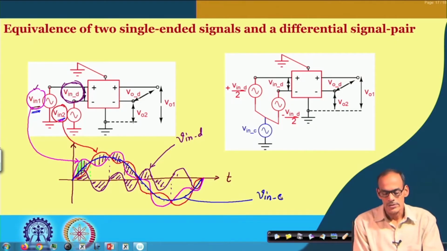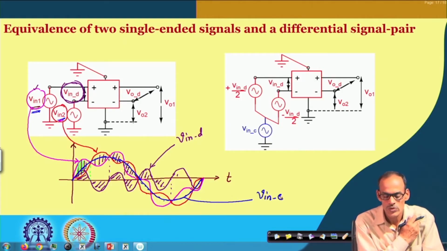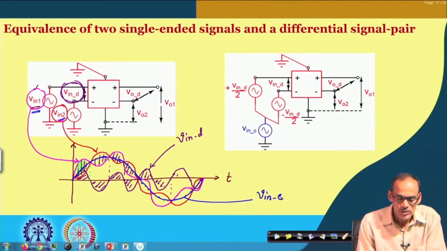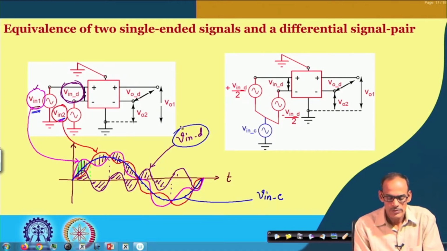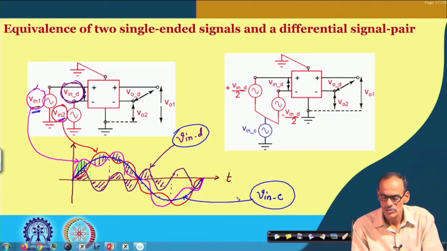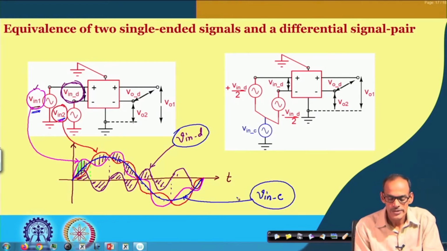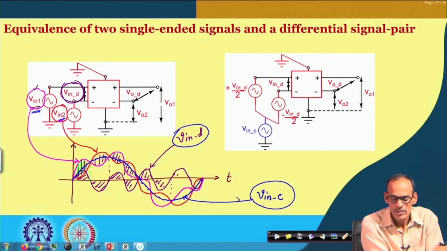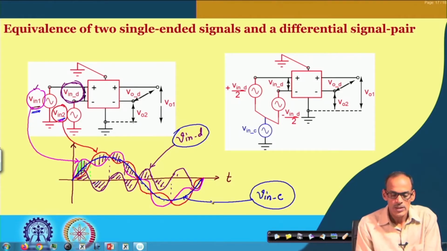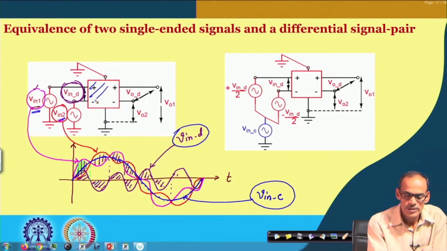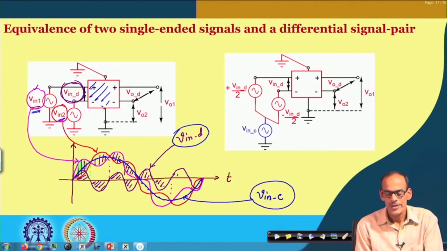In case you have a situation like this, suppose your main signal is this violet color one, but you have a lot of disturbance represented by this blue signal. If you want to find out this signal and remove the noise part, the blue part, then you can take help from this differential amplifier. How will it help?